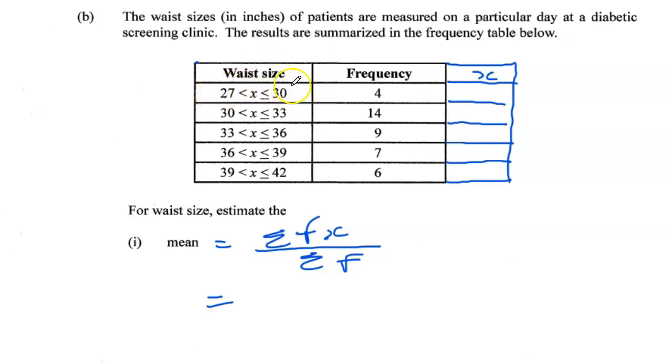So we add 27 and 30, that's 57, divided by 2, that's 28.5.